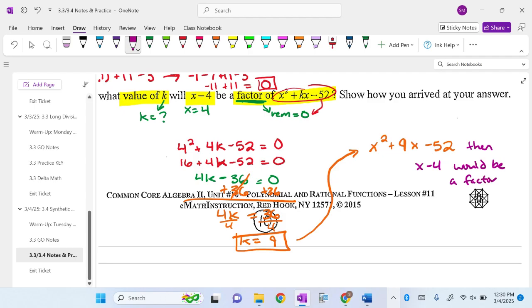So your answer is k equals 9, but that's essentially what it's asking. What polynomial with a value of k would make x minus 4 a factor of it? So x squared plus 9x minus 52 is a polynomial where x minus 4 is a factor. All right, any questions on any of this?